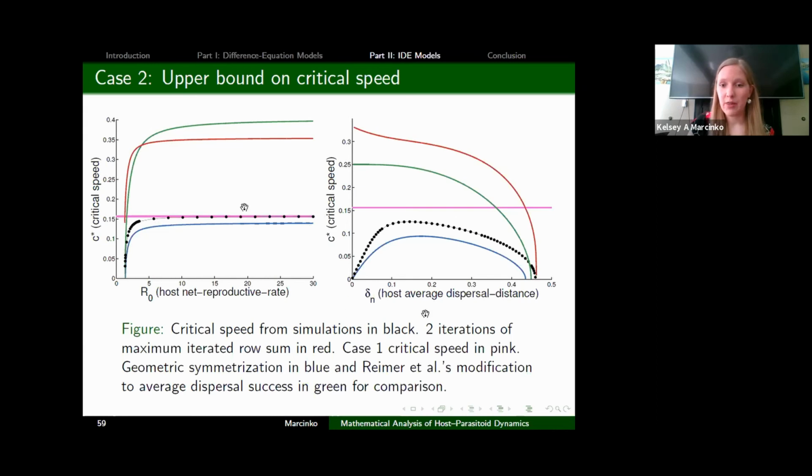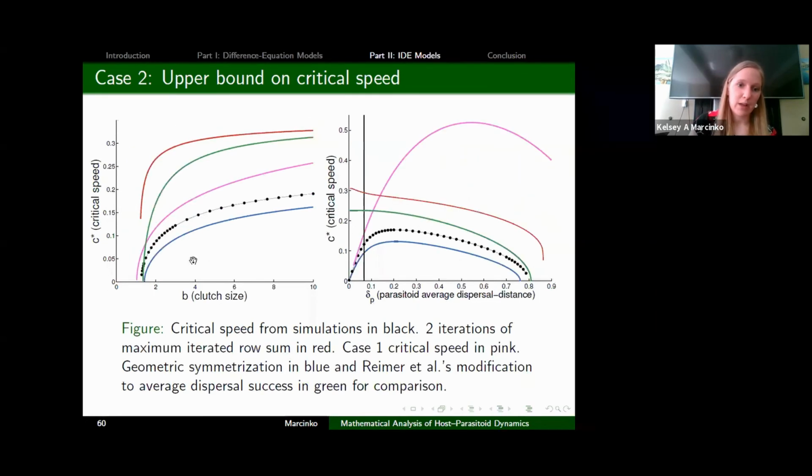As we vary the host average dispersal distance in most ranges, we still see that this case 1 upper bound is the best of our upper bound options, though not for all values of the host dispersal distance. If I look at how B, the clutch size, increases, the critical speed from case 1 is still a decent upper bound compared to our other options.